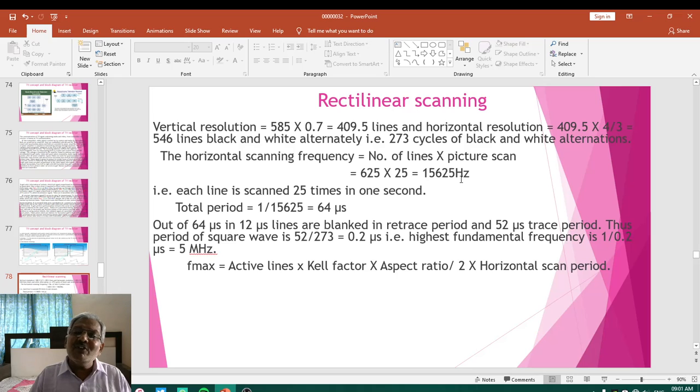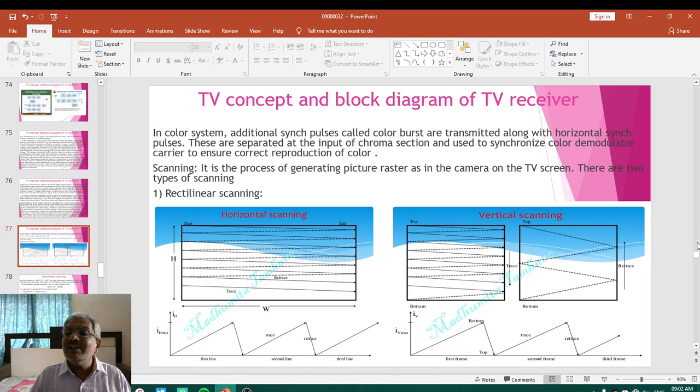If you take the reciprocal of this horizontal scanning frequency, we can get the total period, and that's equal to 1 upon 15,625, and that comes to be 64 microsecond. Meaning thereby, look here, this entire time is 64 microsecond. Out of this is the trace period.